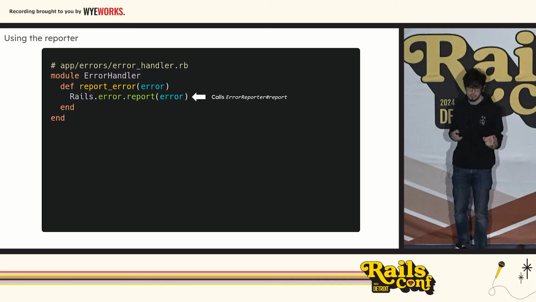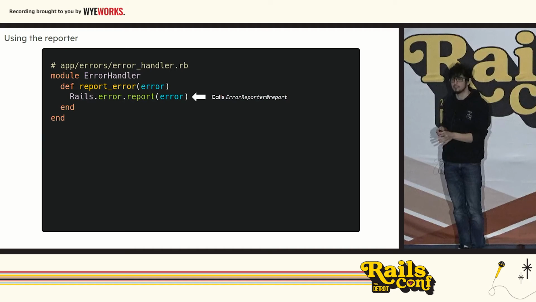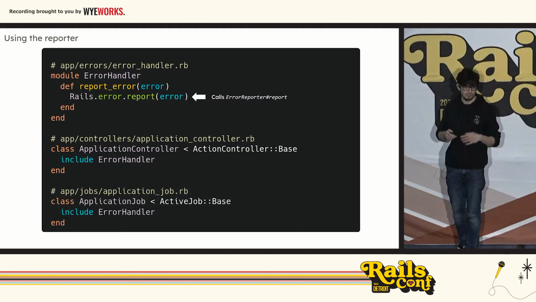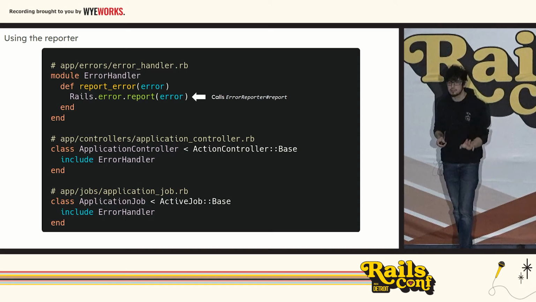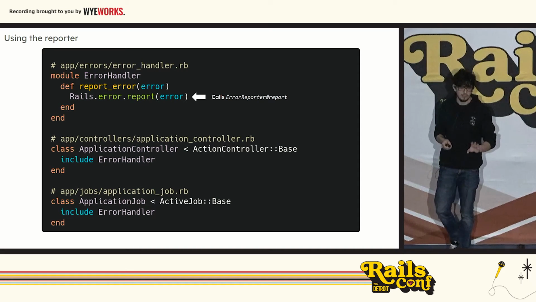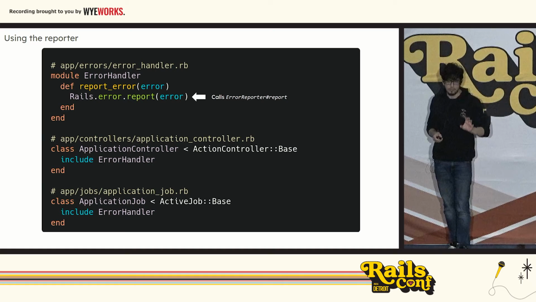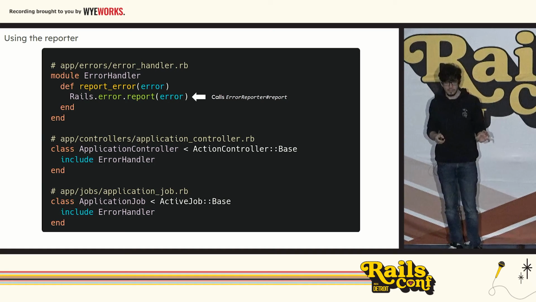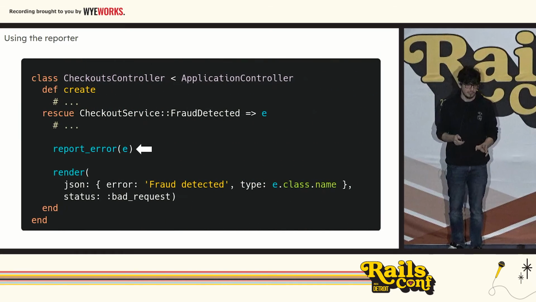Remember that the report_error method is going to call the report method in our error reporter that we just saw. And now we can go back to our controllers and our jobs and include that error handling module, so that all of those places have a report_error method that you can use in a centralized way everywhere you need it.